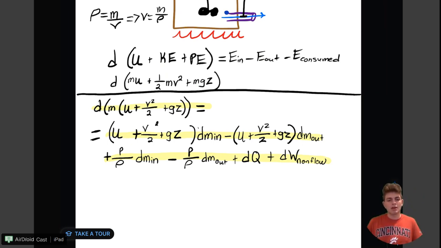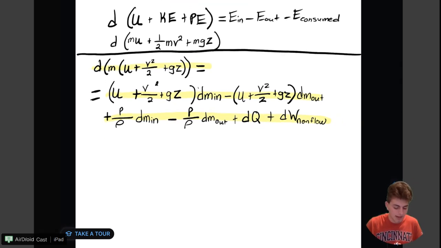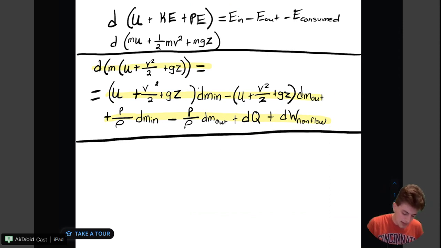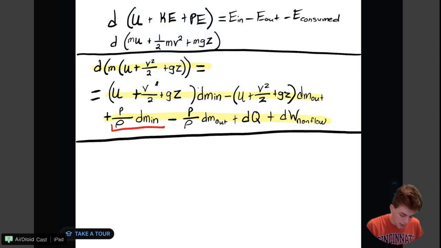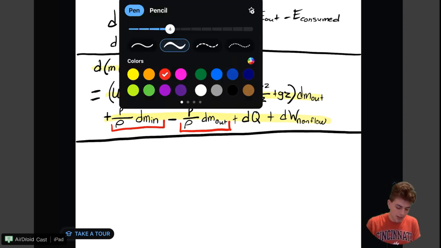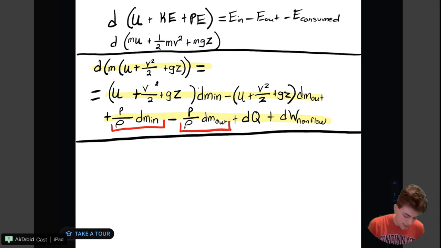So how can we go ahead and use this? Well, I think first what we need to do is simplify this to some extent. Let's go ahead and simplify this. What we can see is that in here, as well as here, these works associated with the injection flow also have the derivative of mass term, meaning we can put them inside the parentheses with the rest of the energy terms.